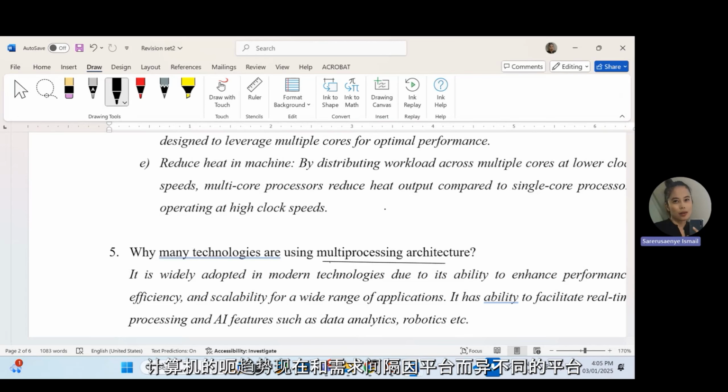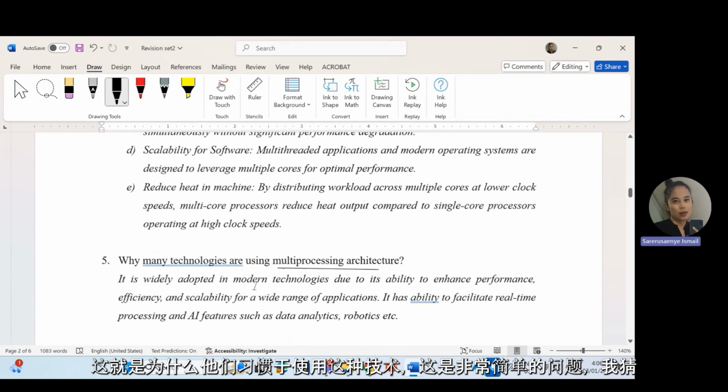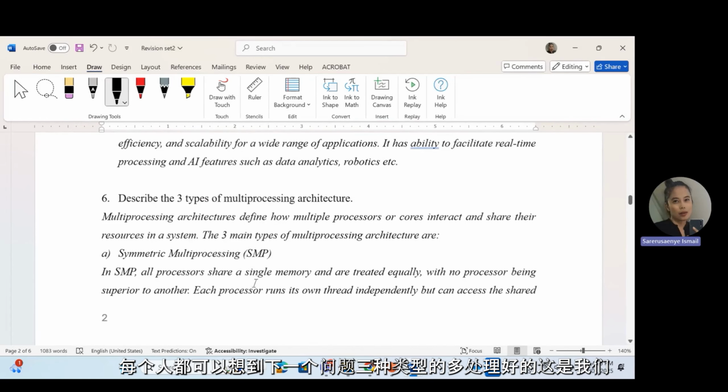This is the computing trend right now, and then the demand in terms of various different platforms, and also the cost in terms of energy saving and the cost of purchase. So that will be the why. Many technologies nowadays use multiprocessing. You want real-time transactions to be executed completely, and you want to save your time and also cost. That's why they use this technology. This is a very simple question, and I guess everybody can think of that.